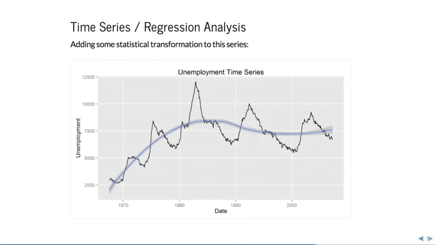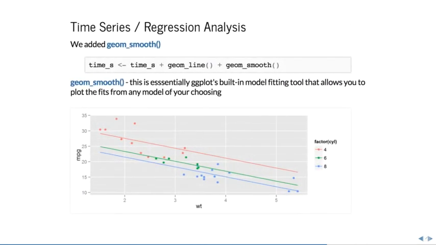And then to perform some statistical transformation to this series, to create that line that you see across and to see the trend in unemployment rates throughout the years, you can use the geom smooth function. This is basically ggplot's built-in model fitting tool that allows you to plot the fits from any model of your choosing.